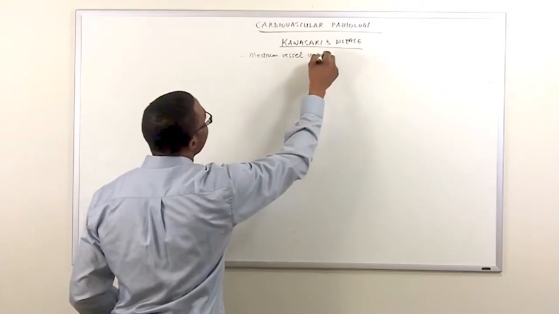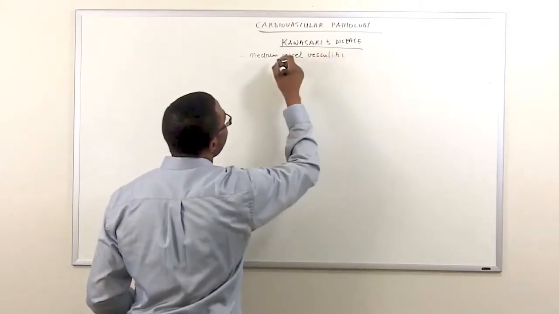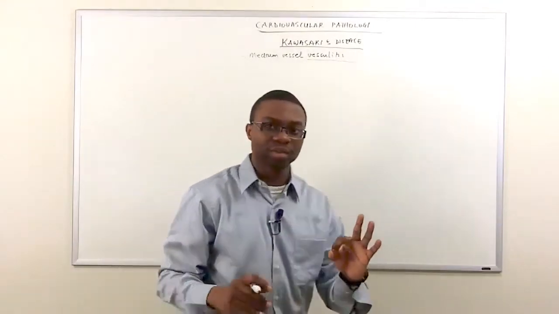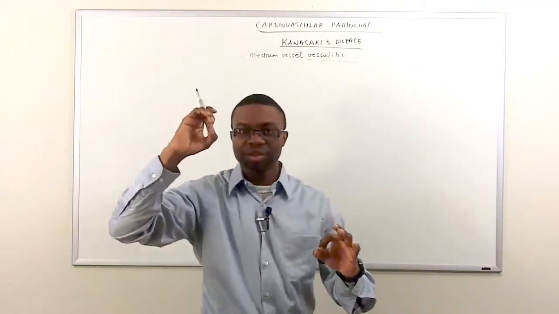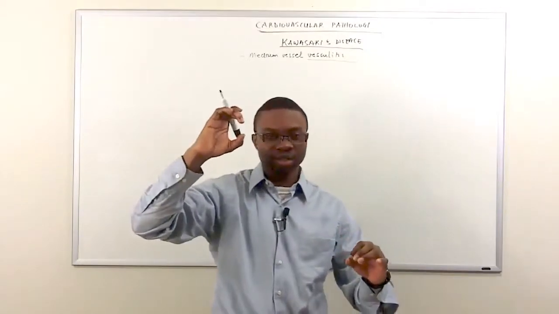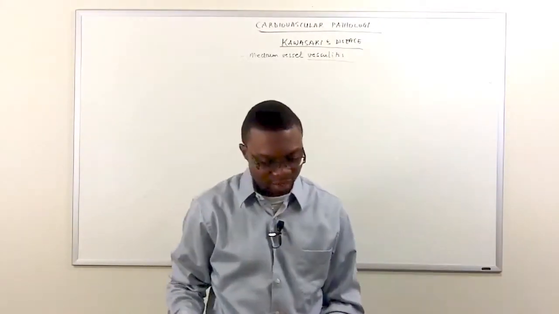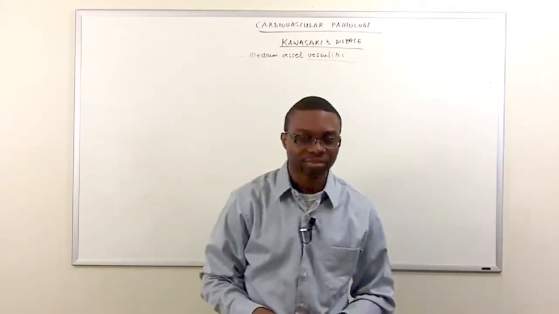Vasculitis, inflammation of a blood vessel. We've got the aorta, the big, thick muscular arteries, and we've got the medium size, and then we've got the tiny little small vessels. So let's talk about a case.